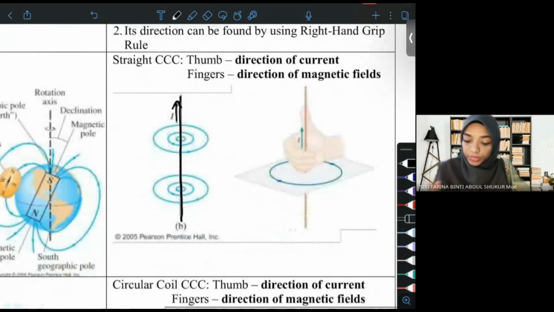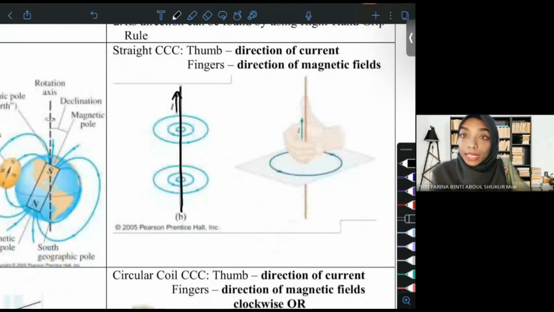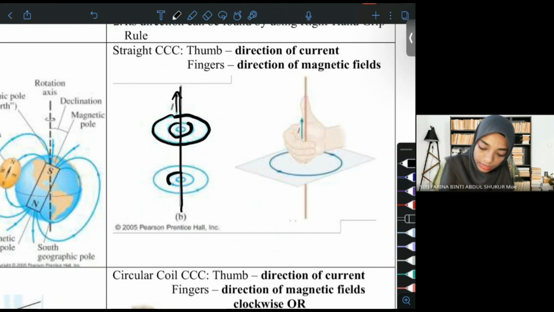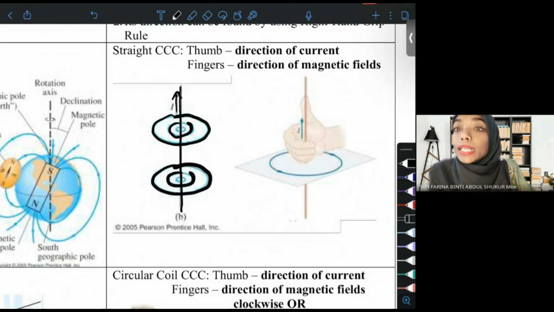So sekarang kita nak tengok menggunakan kaedah right hand grip rule untuk tentukan direction of that concentric circular ring itu. So kita tahu di keliling ni kita akan ada circle, di mana di circle ini kita akan ada magnetic field. Tapi macam mana direction dia? Okay, so you're going to use your thumb rule. Right hand grip rule. Nama lain dia adalah right hand thumb rule jugalah. Boleh juga. Banyak nama sebenarnya.